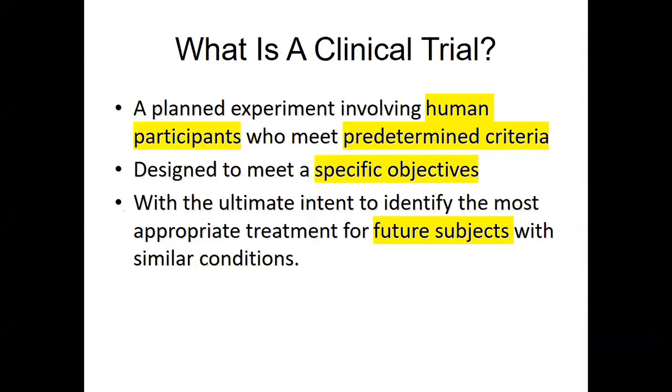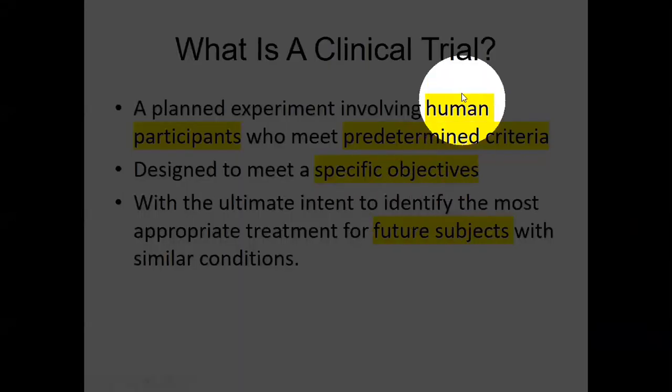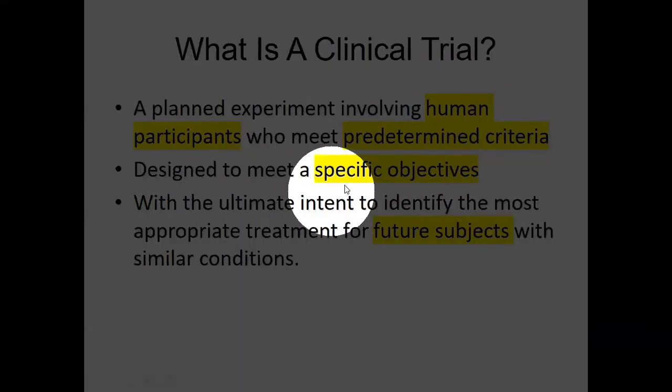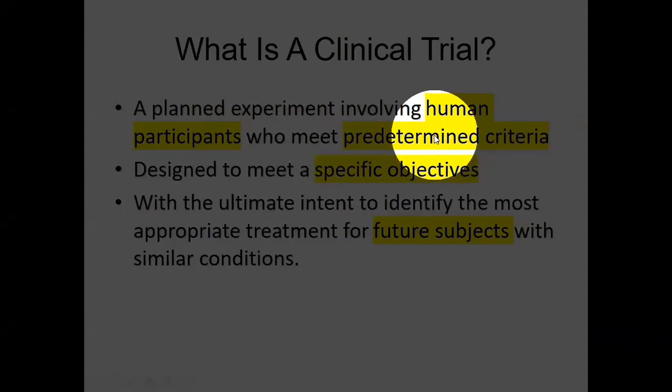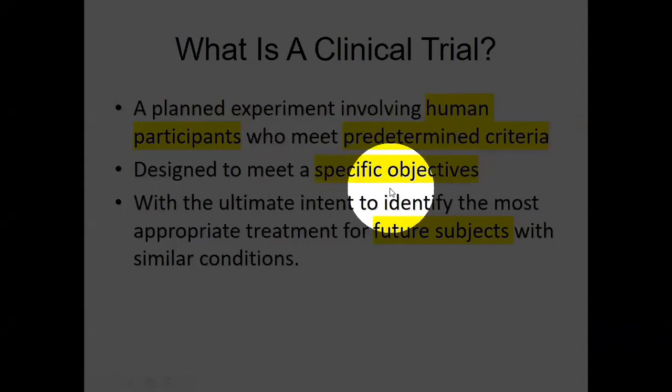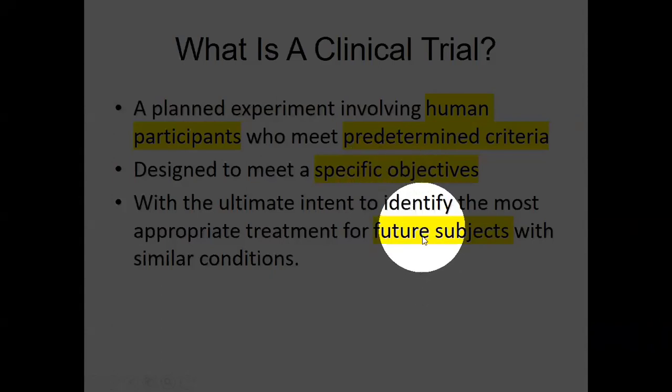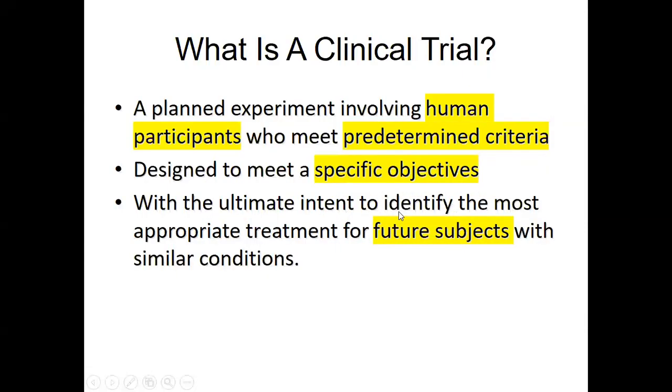So what's a clinical trial? It's an experiment involving human participants who meet predefined criteria for a specific objective so that future patients may use the same drug for benefit. So the difference between a clinical trial and regular patient care is what?